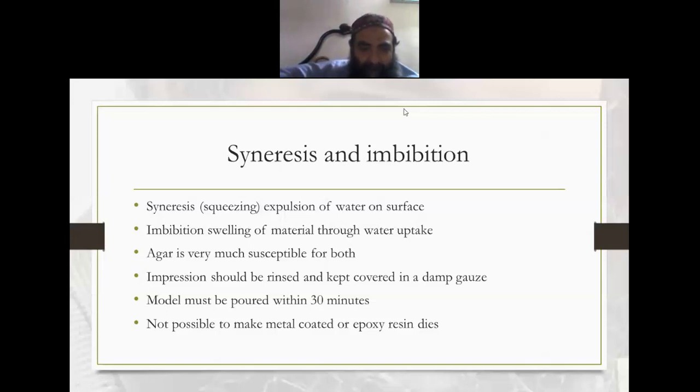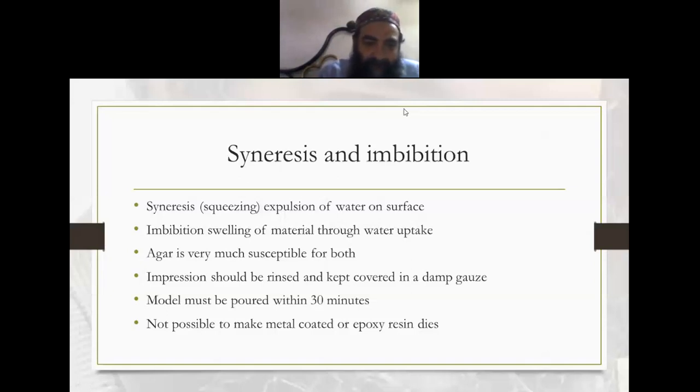Then the impression should be rinsed and kept covered in a damp gauze, because if the condition is damp, there will be a balance: no entry of water into the material and no exit of water from the material.